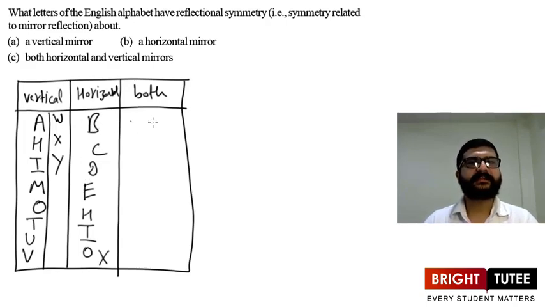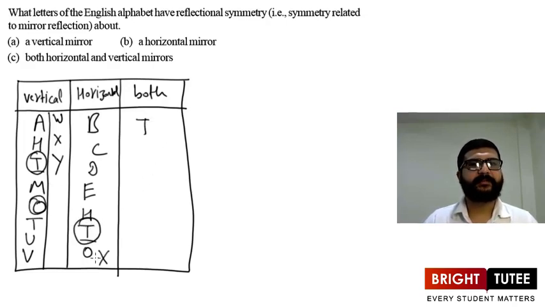Now let us see which letters have both kinds of symmetries, or remain as they are even if the mirror is placed horizontally or vertically. Such letters, we can check from here. One is I. As we can see, I is common to both the symmetries.